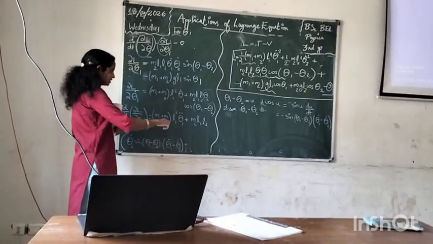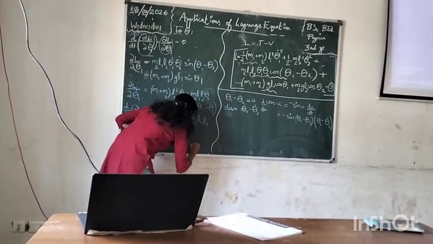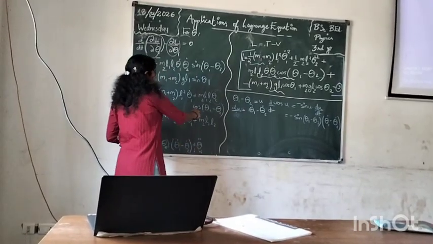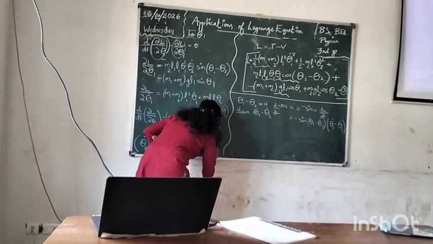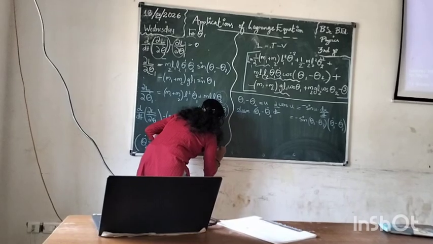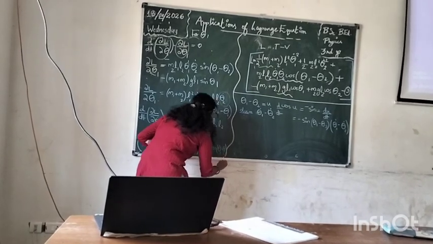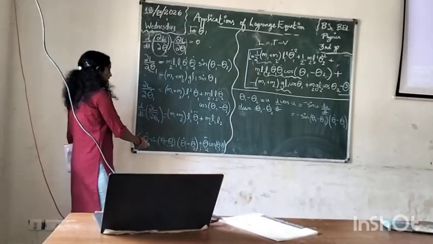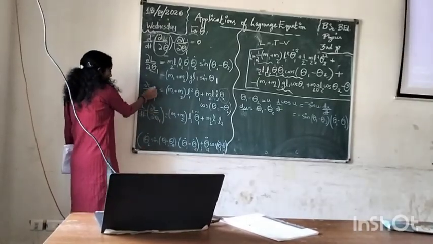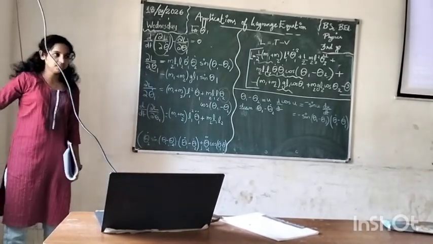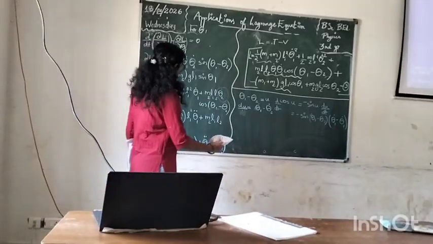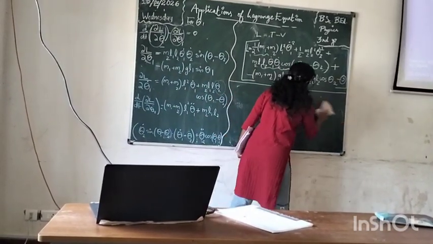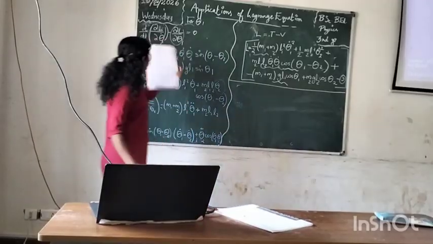Derivative of this term will be theta 2 double dot and the second term cos theta 1 minus theta 2. So this is the time derivative of this one. So we got all the terms for our equation. Now we are substituting it into our Lagrange equation.